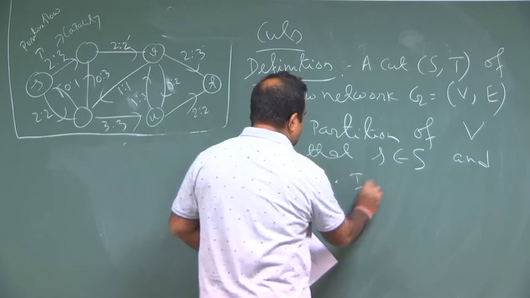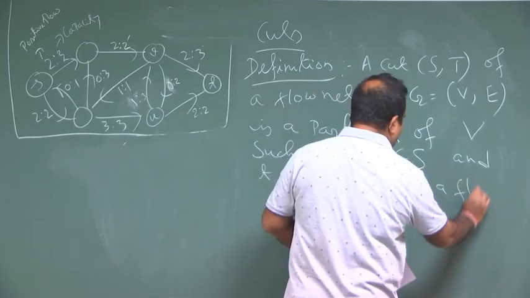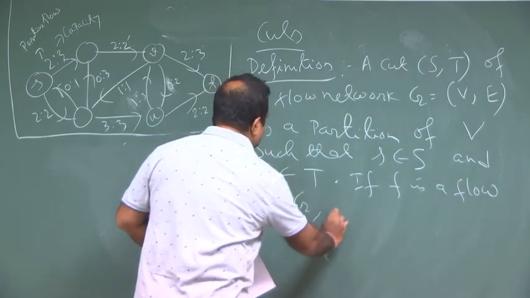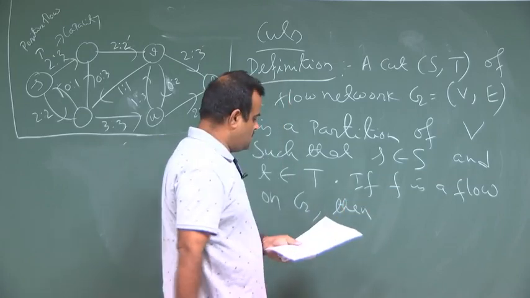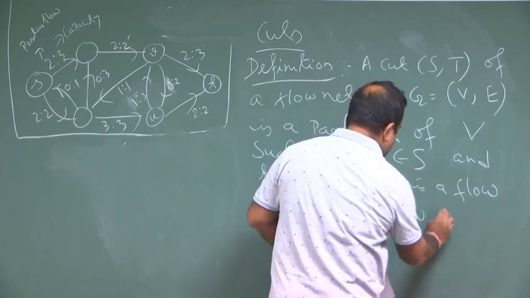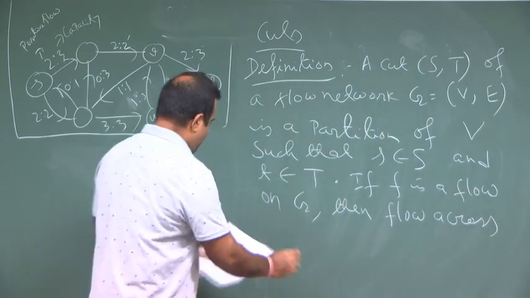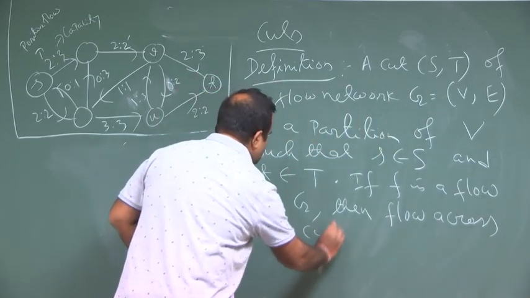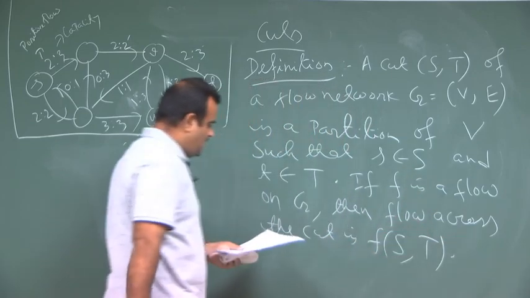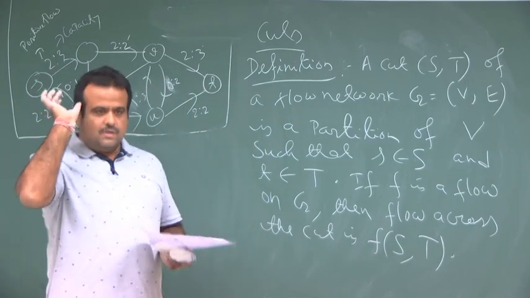Now, if f is a flow on G, flow meaning the net flow always, because we simplify the notation, then the flow across the cut is basically f(S, T). This is how we define the flow across the cut. Okay. So, the total flow across the cut.